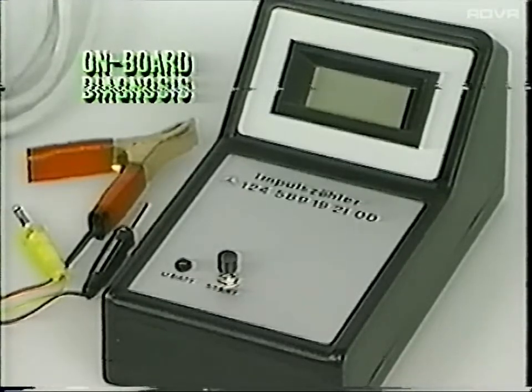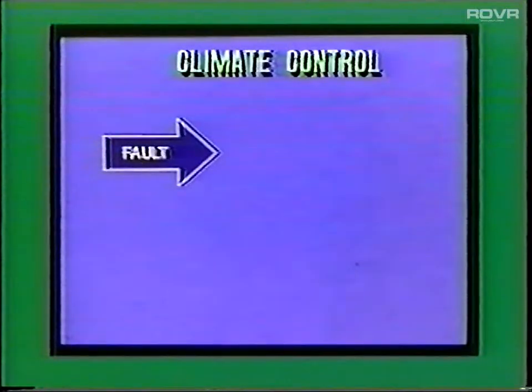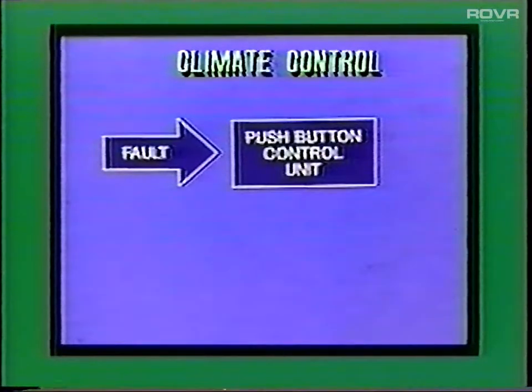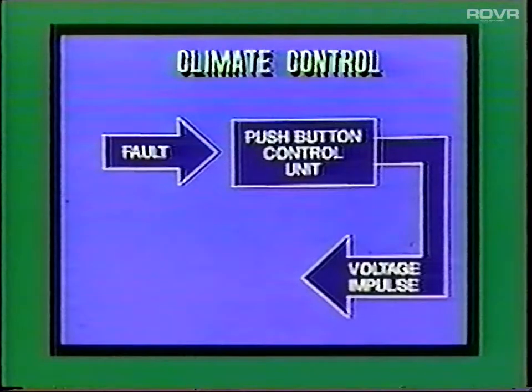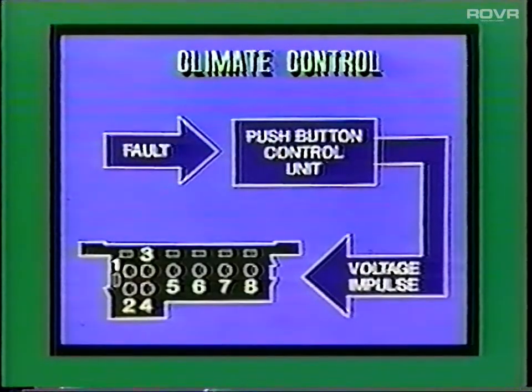To briefly explain the basic concept, faults in the automatic and tempmatic climate control systems are recognized by diagnostic circuitry in the push-button control unit, computed and sent in the form of voltage impulses to terminal 7 of the test connection. These voltage impulses can then be read with the impulse counter.